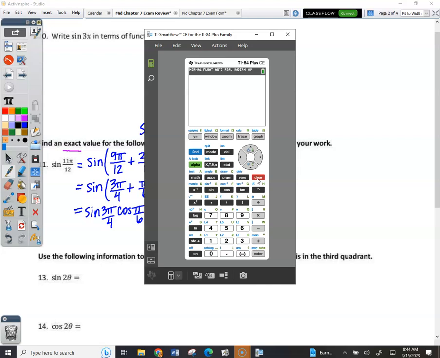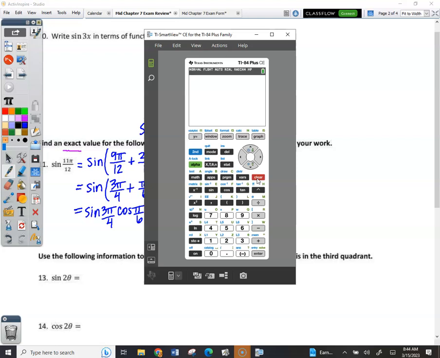All right, I'm going to show you something really nice. This is a safety net for you on this problem. And this is also how I'm going to check your answers to make sure that it's right. The question was evaluate sine of 11 pi over 12, right? Now it says evaluate it exactly, which means no decimals. But the safety net is go ahead and evaluate it with decimals so you know the final answer. You do need to make sure you're in the correct mode.